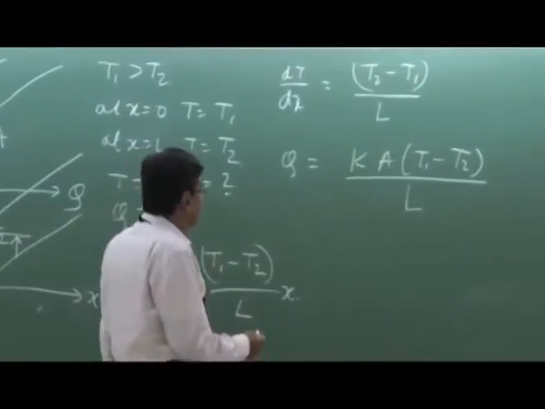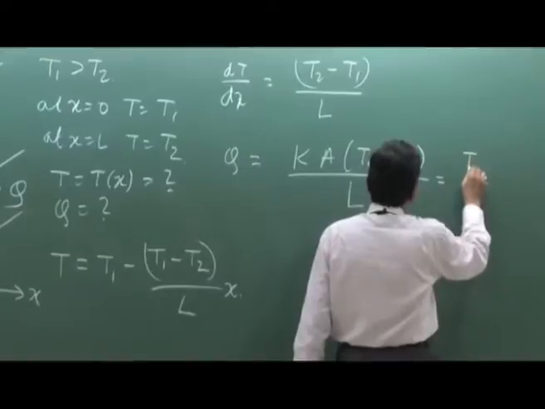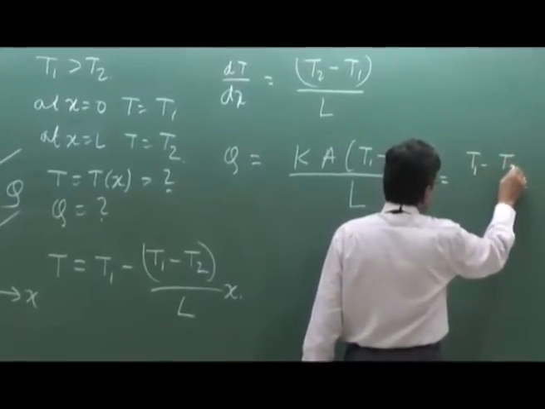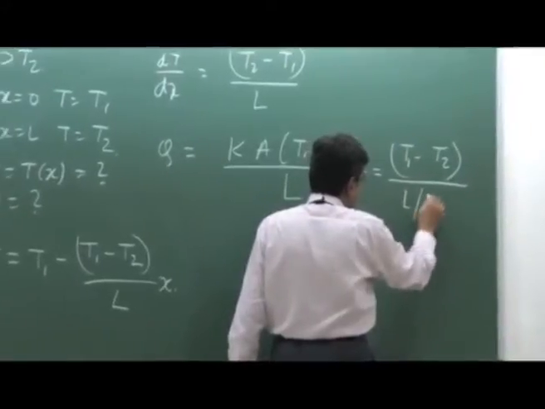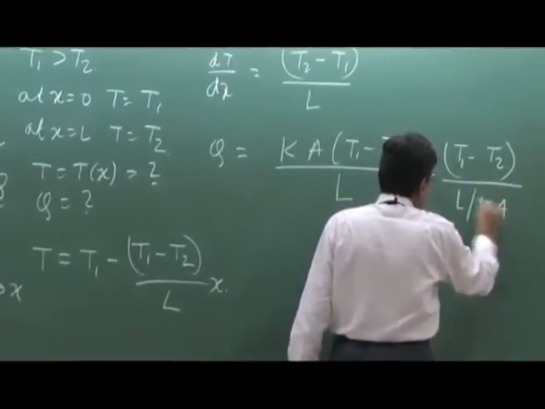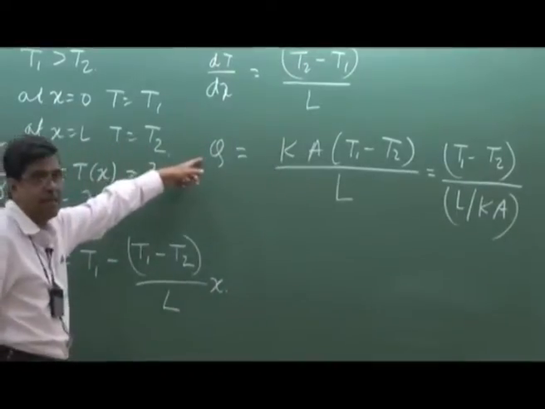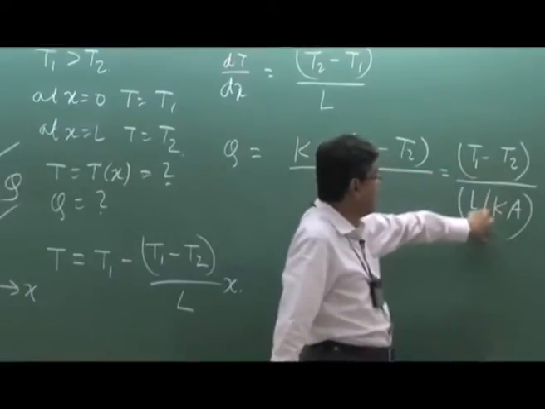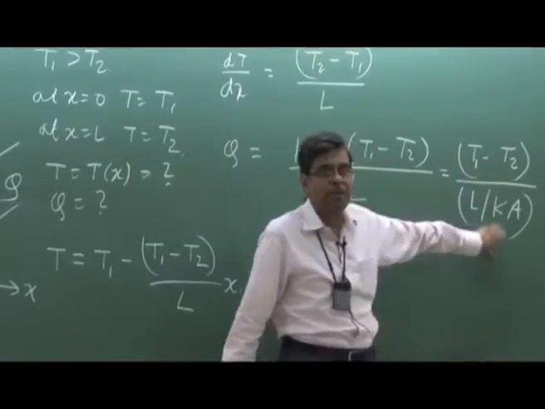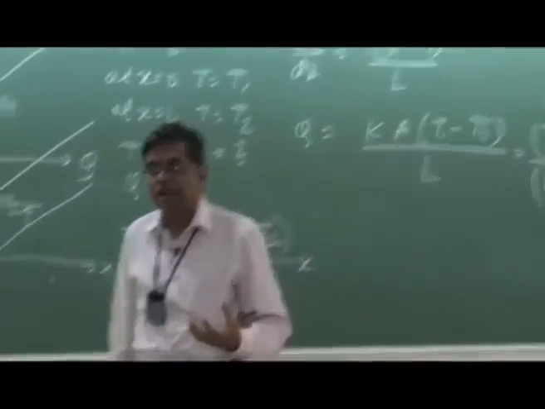This can be written in a fashion like this: (T1 minus T2) divided by L by KA. Now this looks like an equation that flux is equal to the potential difference divided by some quantity which includes the geometry and the conduction property.